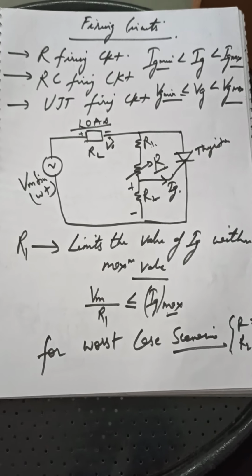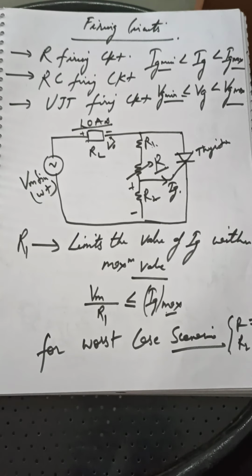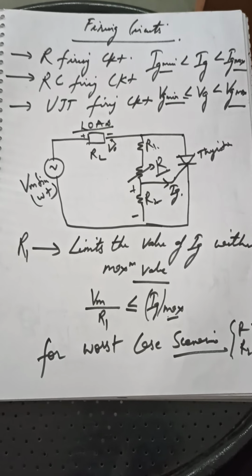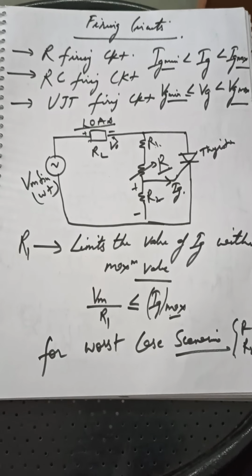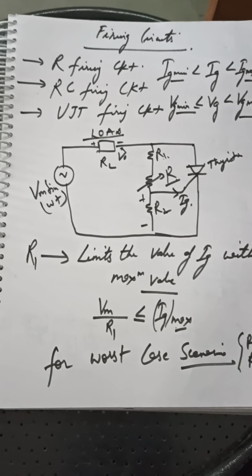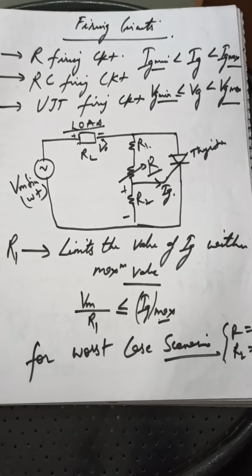Now, let's have a look at the basic components of a firing circuit. Basically, there are three kinds of firing circuits that we are going to cover. The first one is the R firing circuit, that is, the only resistor firing circuit. The second one is the RC firing circuit.